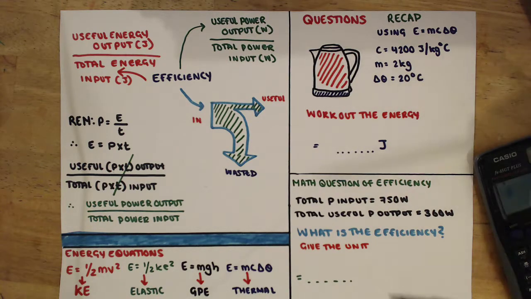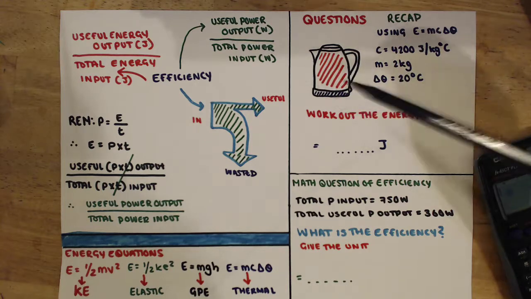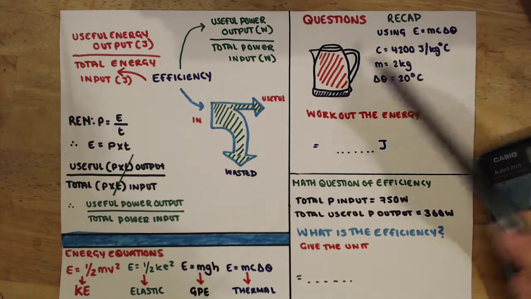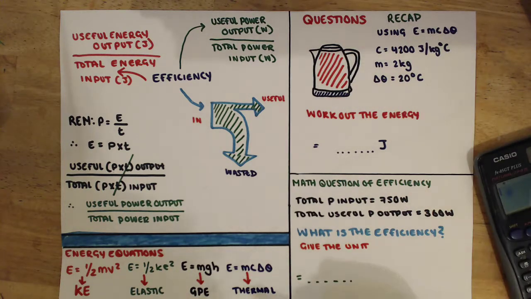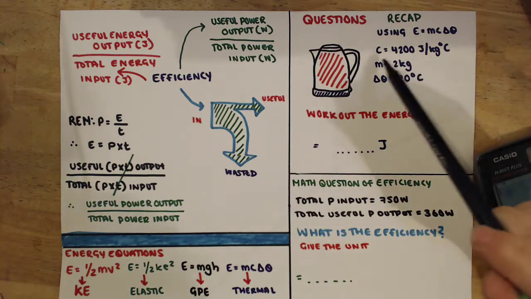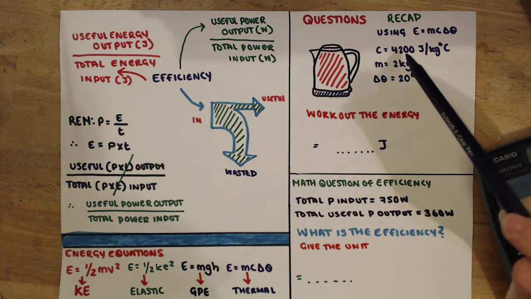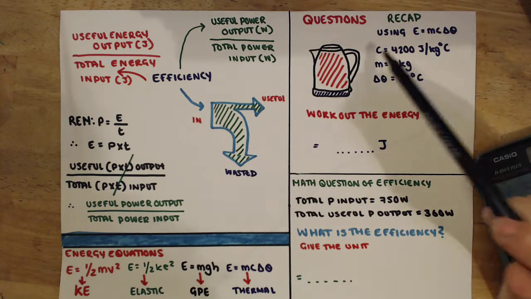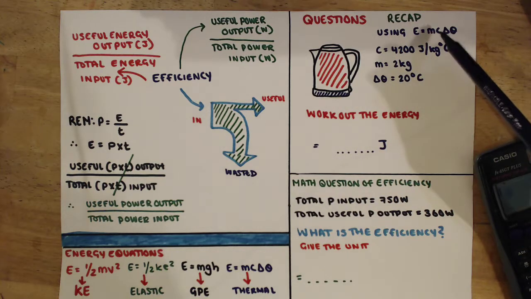Okay, so we're going to do two questions. I want you guys to have a go, try it yourself. The question is, you have a kettle, and by using this equation for thermal energy, we know that the specific heat is 4,200, and specific heat is the c in our equation.